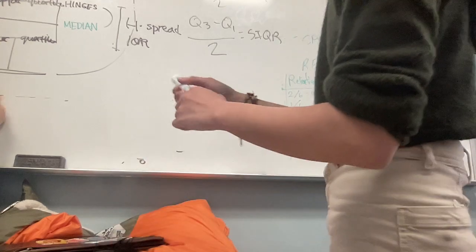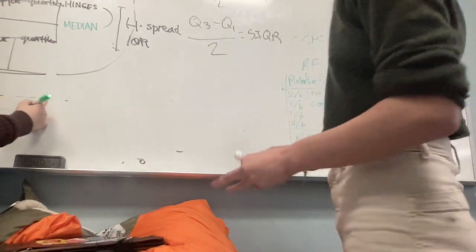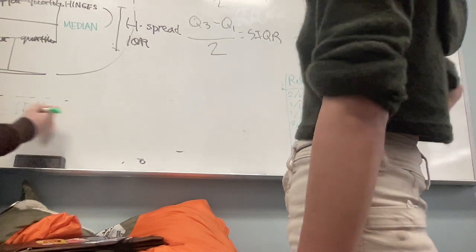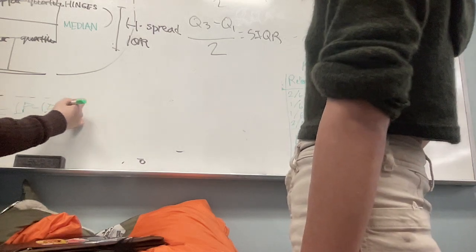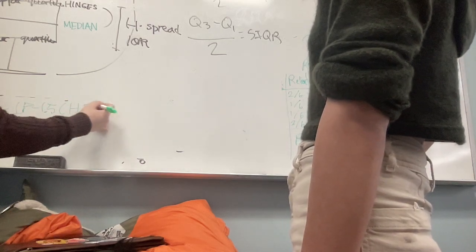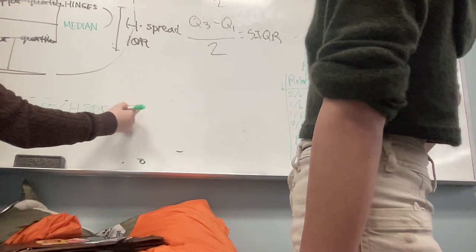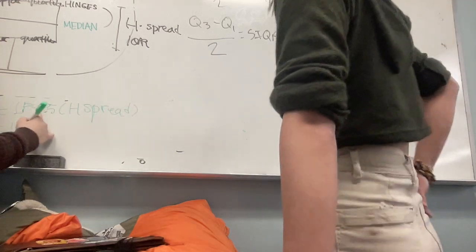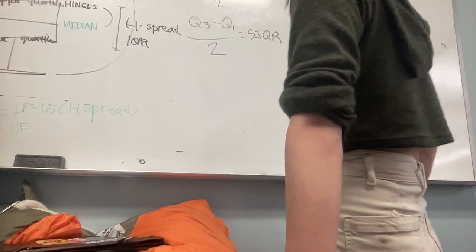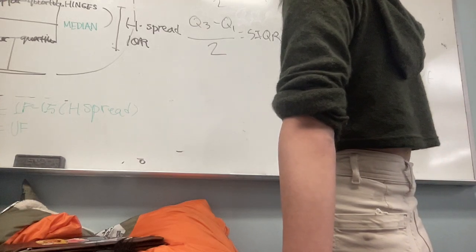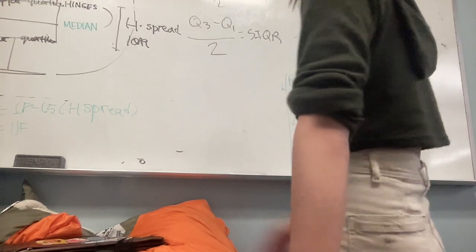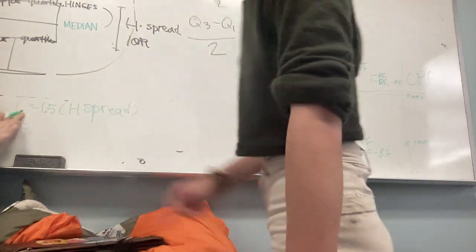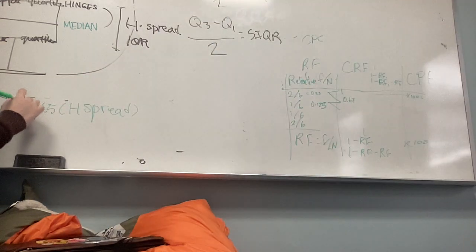And then fences. Their formula. Lower fence, upper fence. Minus 1.5 times H spread. Is that legible? Lower fence minus 1.5 equals a fence. Wait, are you solving for a lower fence or are you subtracting? Hinge.